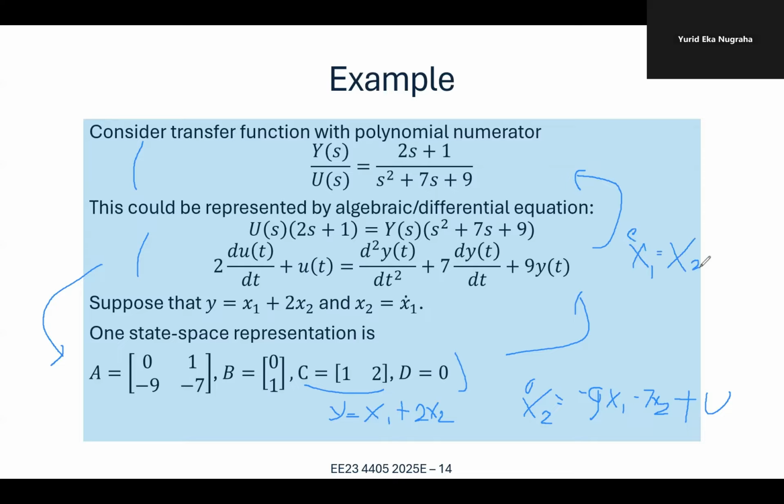So x1 dot is x2, therefore this one could be minus 7 x1 dot, and then this one is x1 double dot.